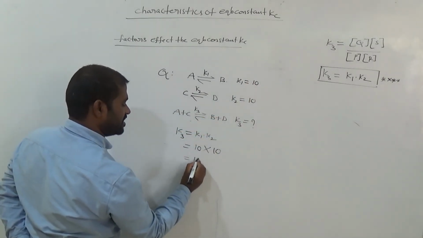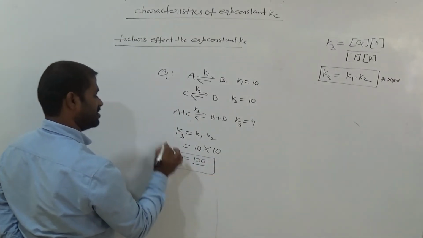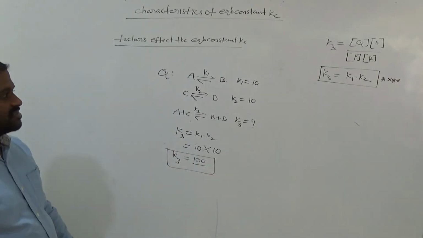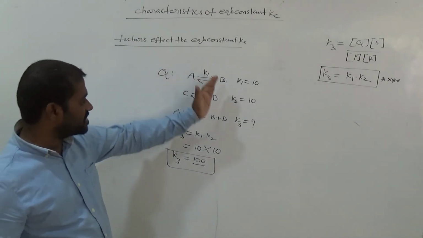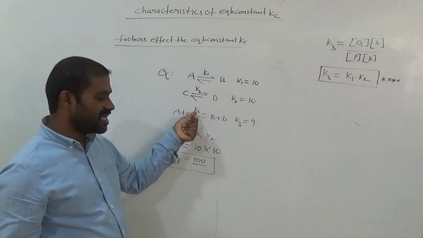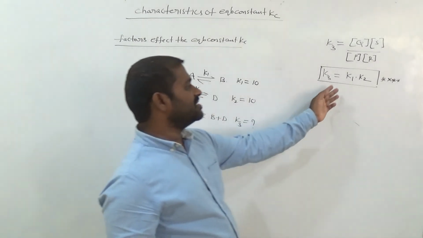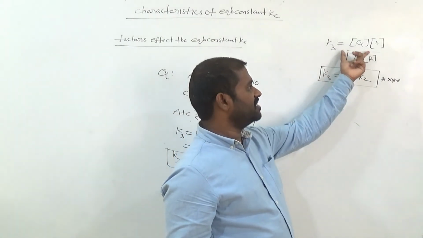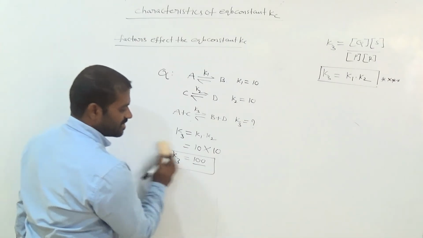So finally K3 is 100. Is it clear for all? So when the two expressions are added on the same side, then we get the third expression for equilibrium constant K3. Therefore K3 is equal to K1 into K2. Understood or not? So is it clear?